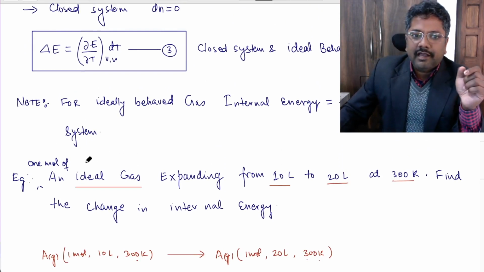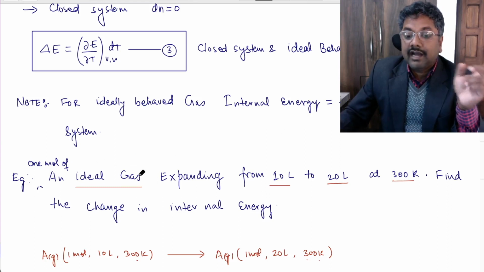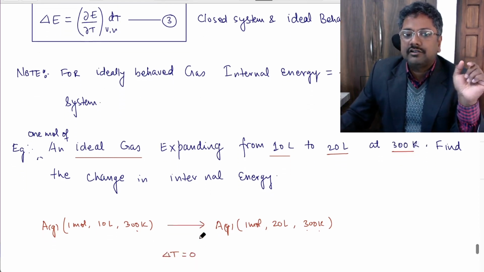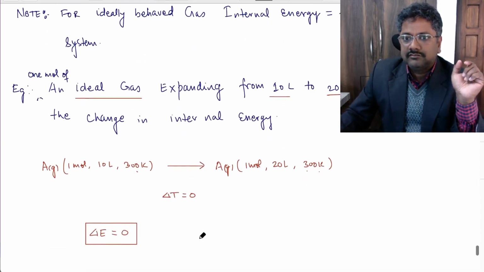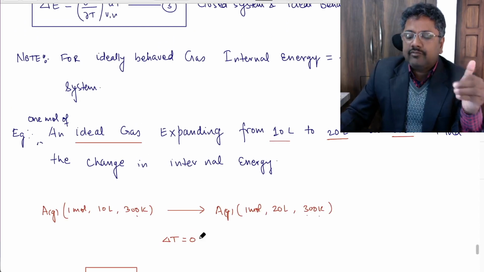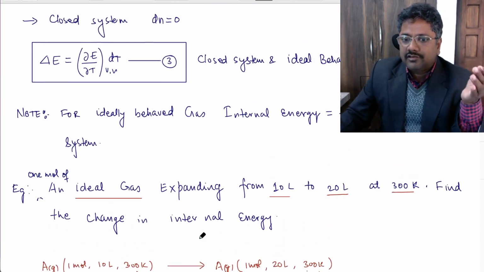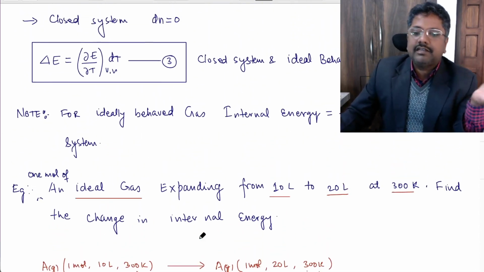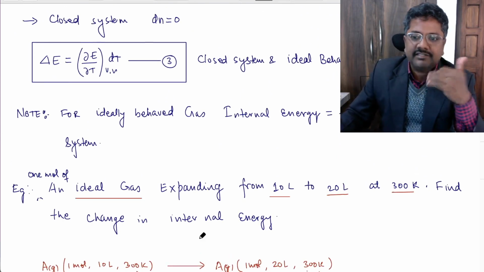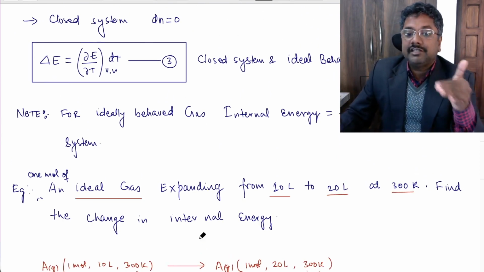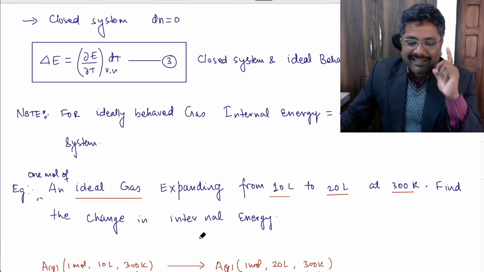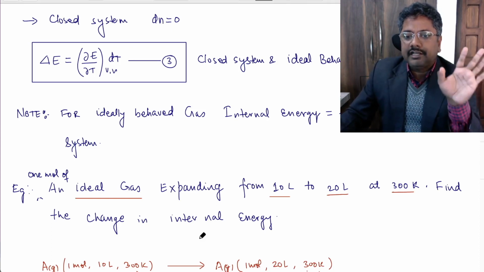But if I remove the word ideal from here, then your answer is not 0. Then I have to give you the value of the van der Waals constant so that you can evaluate how much change is taking place in internal energy with change in volume. So be extra careful when you are reading any question.